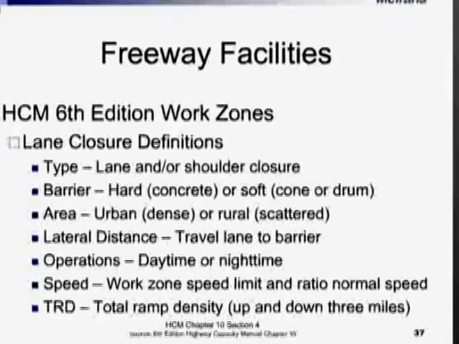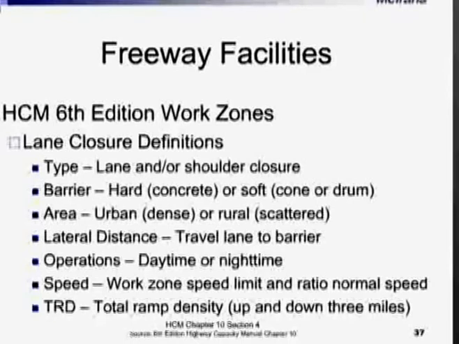So the work zone advice in the 2010 manual said that instead of 2,400, your capacity is about 1,600 plus or minus 10% based on a couple of things. That's really kind of subjective and not really a model. But what you see here, the parameters added in the 6th edition: am I closing a lane or just a shoulder? Do I have a Jersey barrier or just cones?